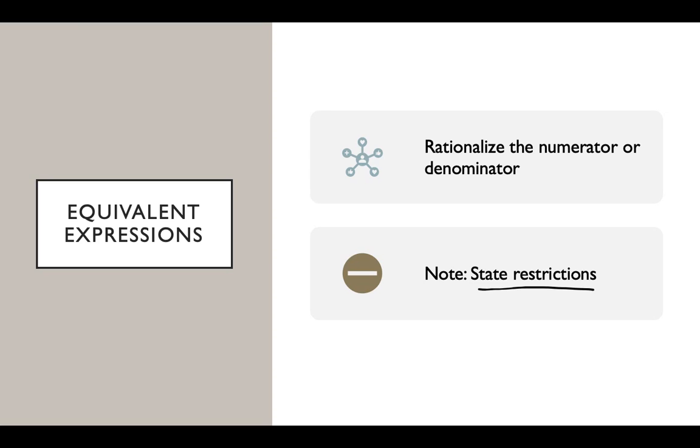So you want to let the whole radicand, whatever is under the square root or radical sign, equal to 0. At the end, you're going to find the restriction, a number that cannot equal 0.